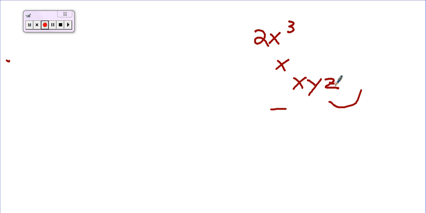And those are all monomials. In a polynomial, the degree of the polynomial is always the biggest one. So this one that I just wrote up on the board would be a which degree polynomial? Okay, that's a third degree polynomial.